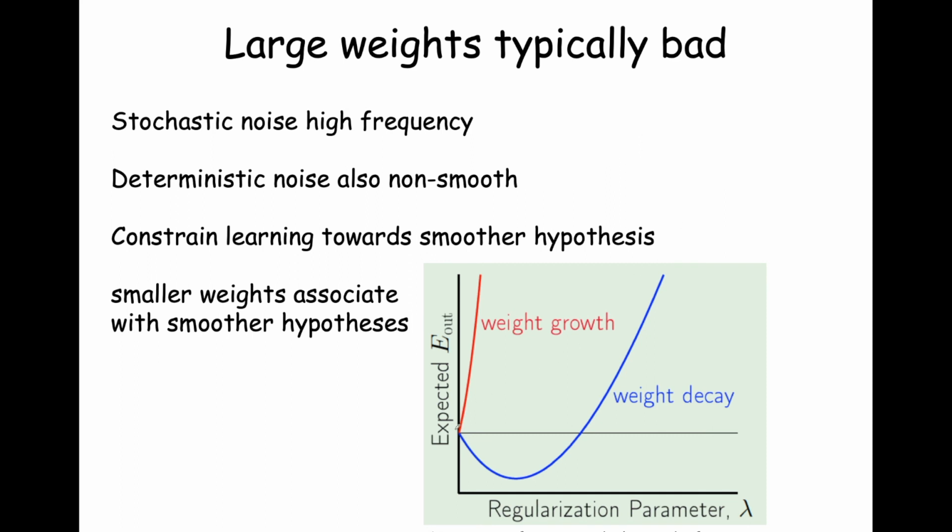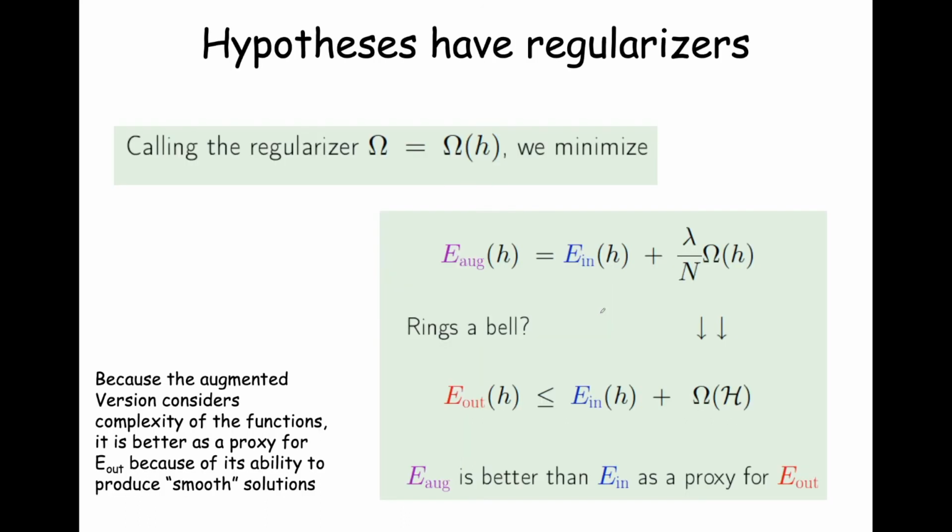Now, of course, if your weights were growing instead of shrinking, your expected out-of-sample error would just skyrocket from the beginning, regardless of what your regularization parameter is. So you start in the beginning overfitting, and then you're good in your operating regime, and then you start underfitting, and that underfit, too much of a good thing, leads to bad out-of-sample performance.